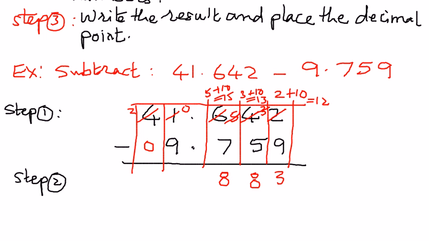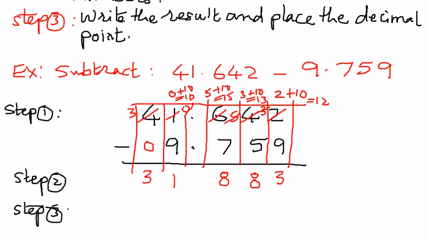So this becomes 3, and then we add 0 plus 10, that's going to be equal to 10. So 10 is larger than 9, so 10 minus 9 is 1. So this is our decimal place column. And now 3 is greater than 0, so there is nothing to subtract, so we write the 3 there.